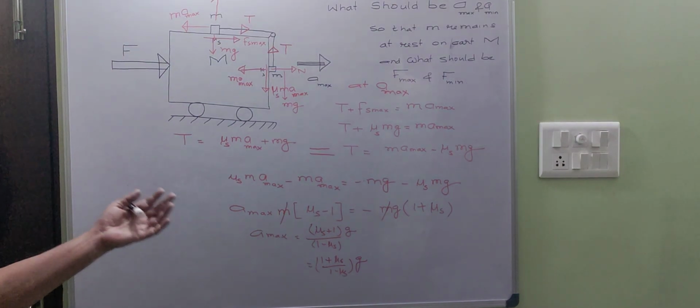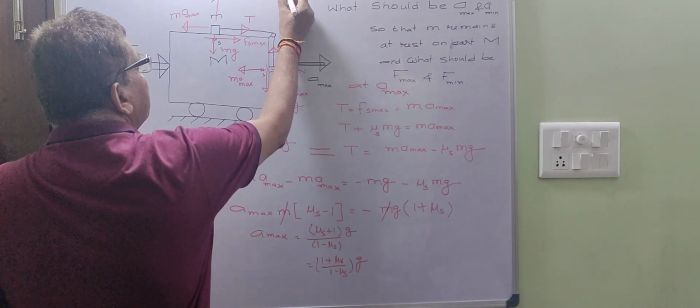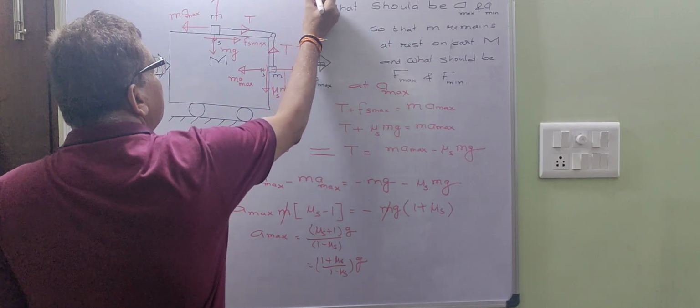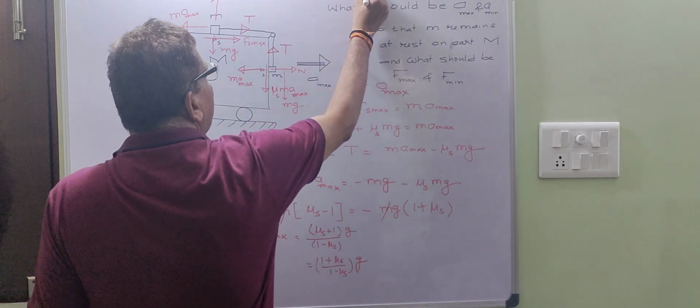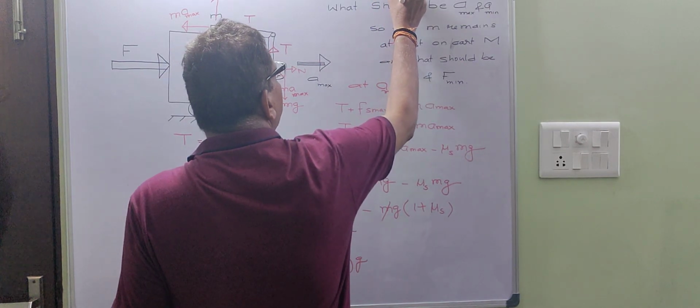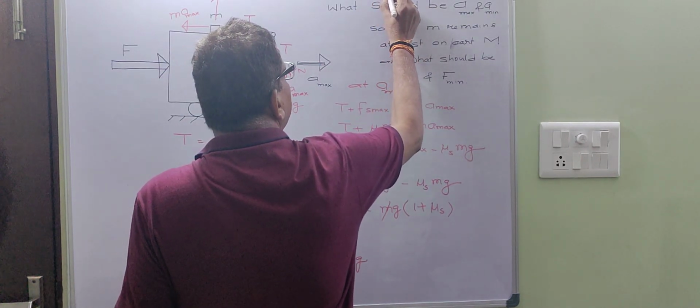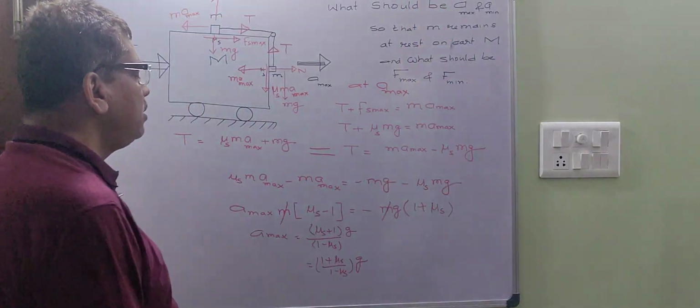And then I can find out the maximum force also. The maximum force can be written as F max equals mass into acceleration. M plus 2m is the total mass, and acceleration is 1 plus mu s by 1 minus mu s into g. Is it?